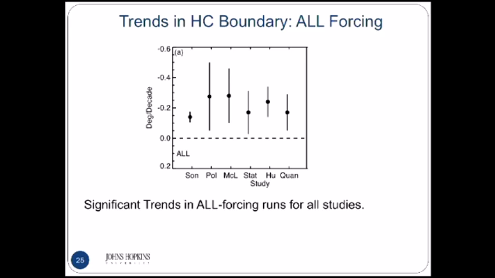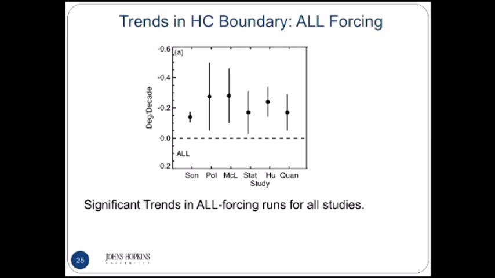But I tried to make sense of it, and so I estimated or calculated the shift in degrees per decade for each of these studies for when they had all the forcings in there. To do this, some of these runs did a 1960 time slice and a 2000 time slice, and so you take a difference. Some of the other ones had a transient, so this was based on a trend.